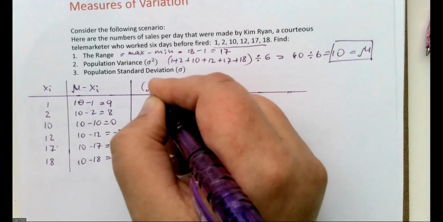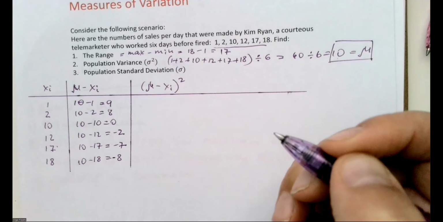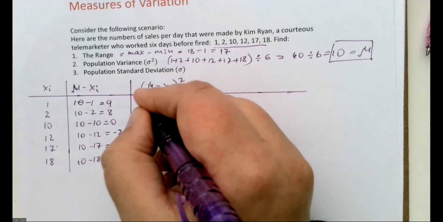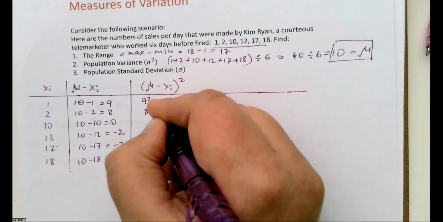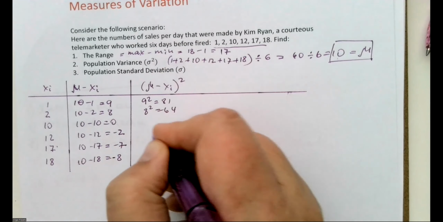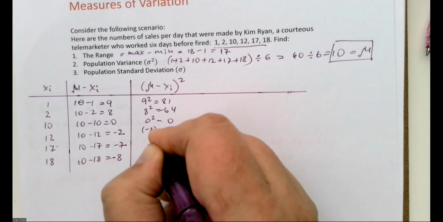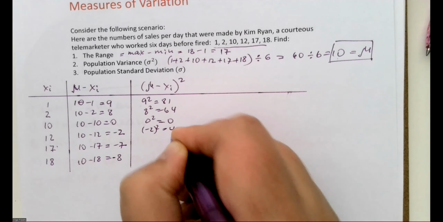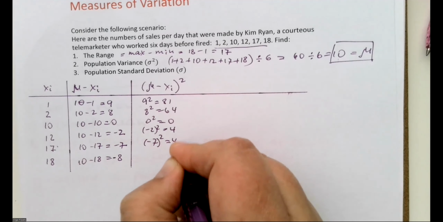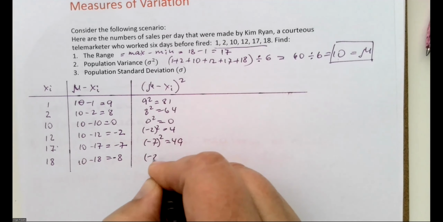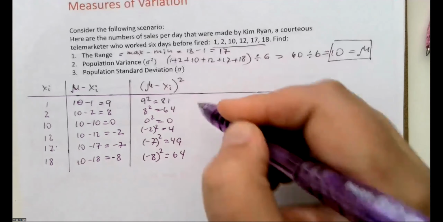So we take those differences, mu minus x, and square each one. The first one is 9 squared, which is 81, and then 8 squared is 64. 0 squared is 0. Negative 2 squared is 4. Negative 7 squared is 49. And negative 8 squared again is 64.